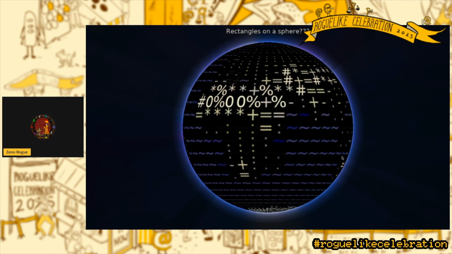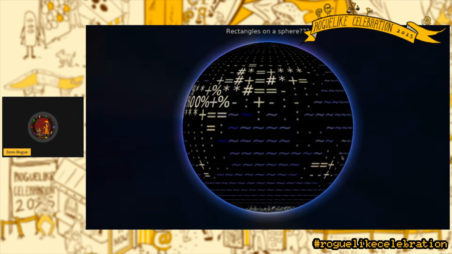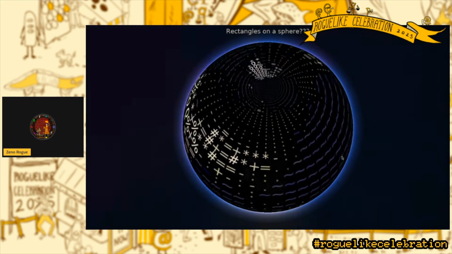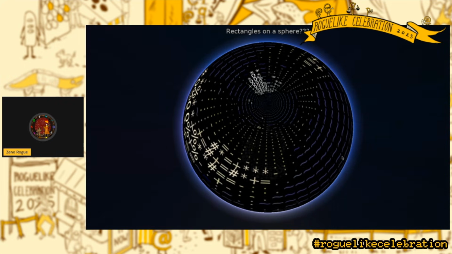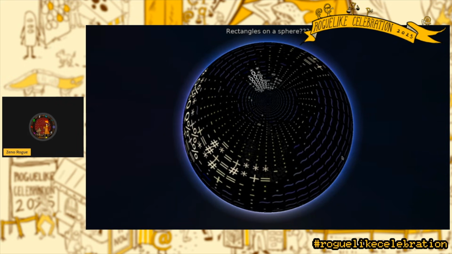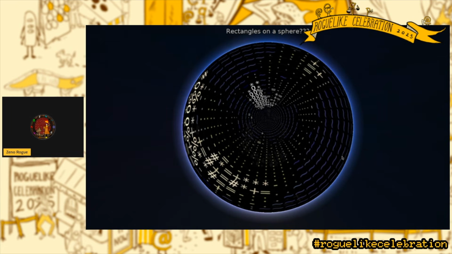It is the most visible if you look at the poles. Here we see that these vertical edges, northern and southern edges, are not actually straight lines. They are more like curves. They are circular arcs. It is the most visible close to the pole.